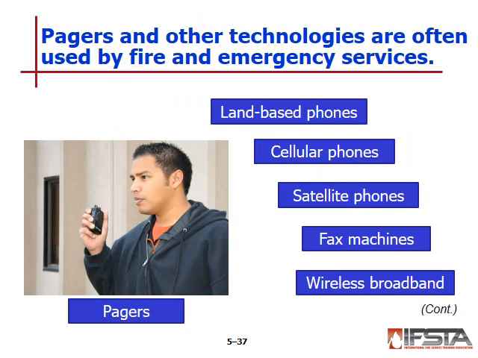All right, some other communication devices, and then we'll come back to radios here in a minute. Anyway, so land-based phones can be used obviously for dispatching information. Cellular phones are quite popular nowadays. And I would like to say, with the cellular phones and smartphones, there's all kind of things out there now that are used in terms of apps. Like, for example, Active 911 is an app that can be used on any smartphone, Apple, Android, whatever the case may be.